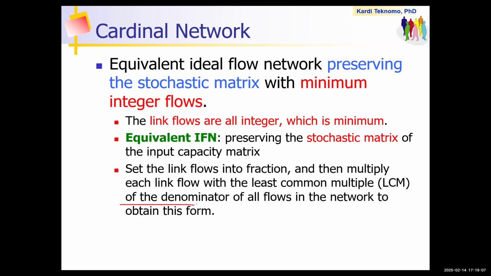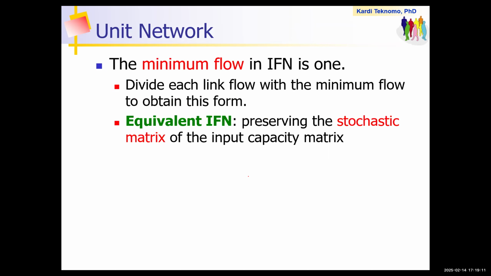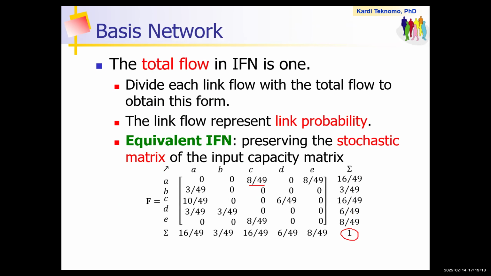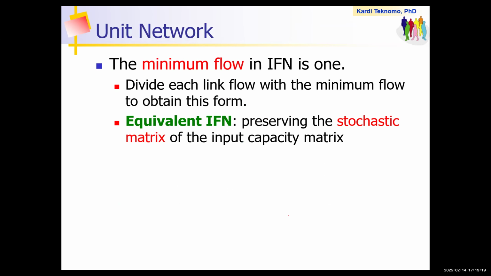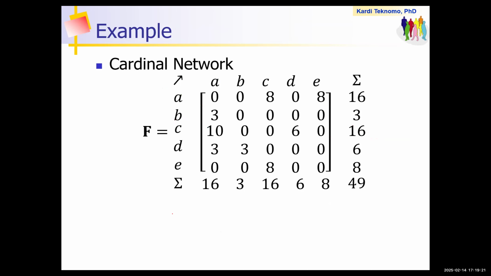Then you multiply by the LCM as the scaling. A while ago, the denominator was 49, all the same, so multiplying by 49, you will get this cardinal network. Of course, now the total flow becomes 49. Is this clear?